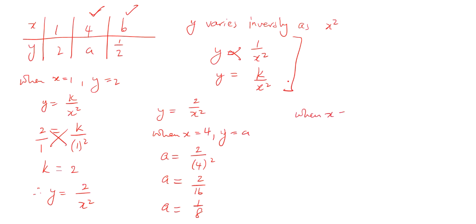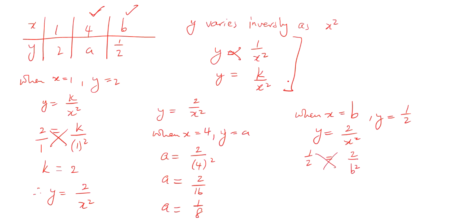When x is equal to b, y is equal to a half. So we know that y was equal to 2 over x squared. So therefore a half equals 2 over x, which is b, so it's 2 over b squared.